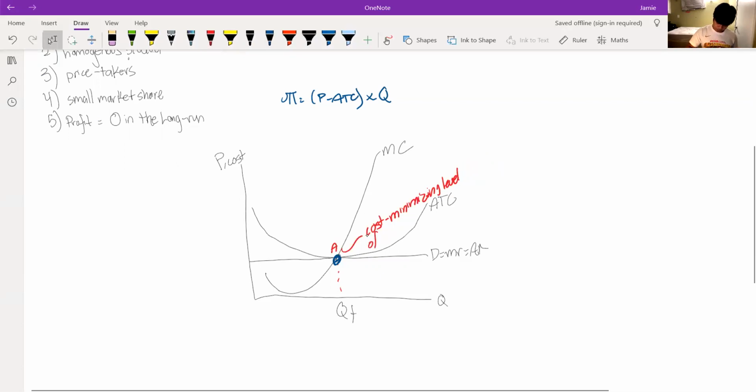And so there are 3 scenarios in which the PC firm can be in the short run. This right now is a scenario where this firm can be in either the short run or the long run. It satisfies the condition that profit is equal to 0 in the long run, so it could be either or.